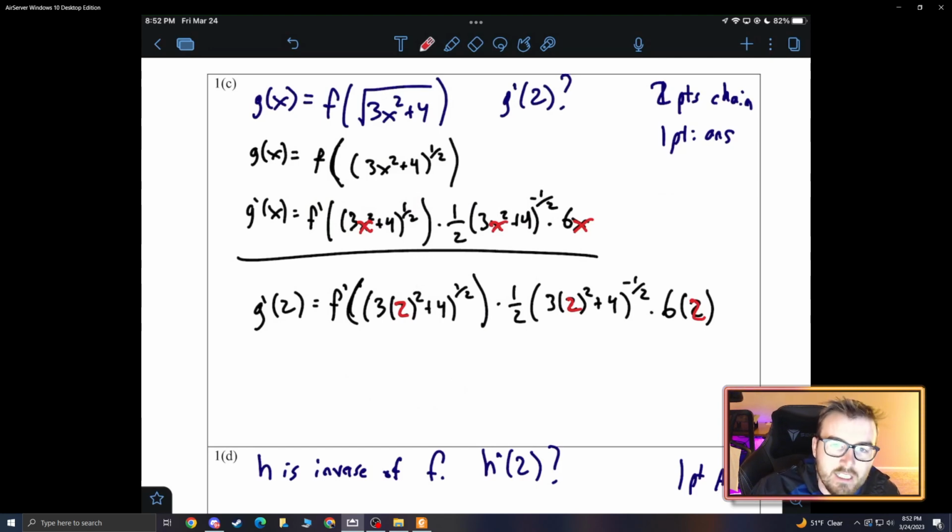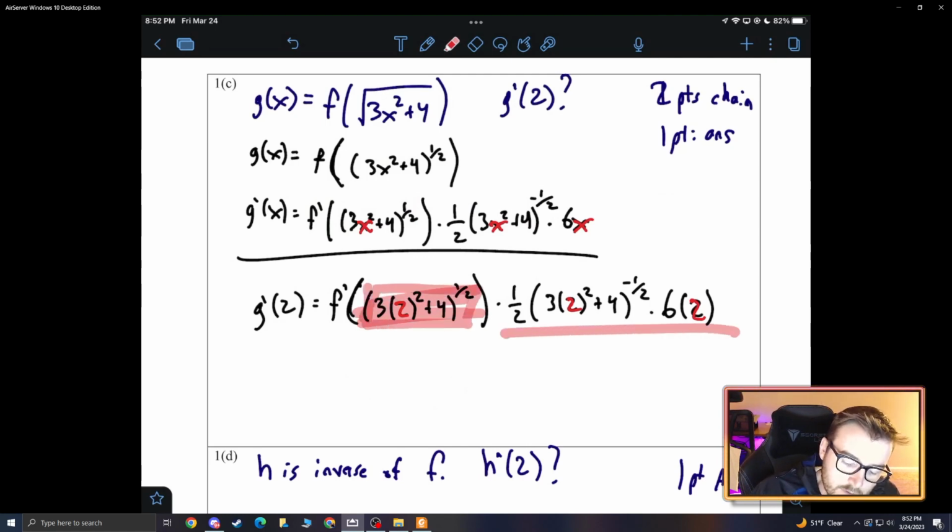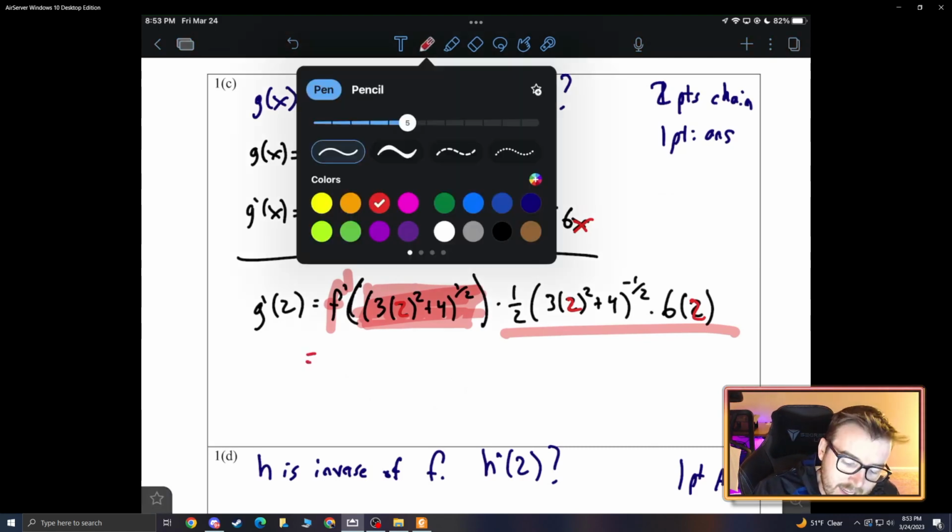Which part actually needs to be simplified so that way we can have a final answer? And the answer is this stuff over here. This I can leave completely alone. Why do I need to simplify the inside here? Because I still have to find f prime of whatever this is, right? We can't leave f prime. That is the issue here.